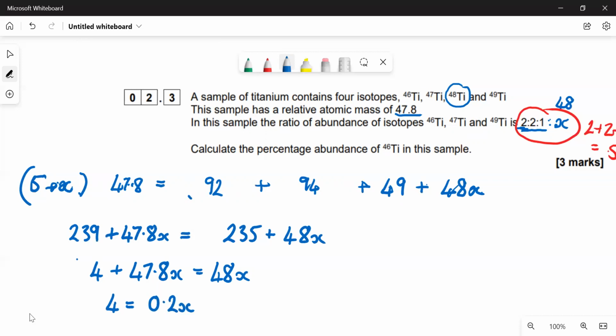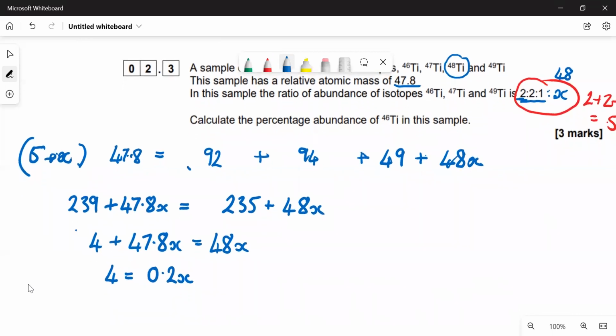Divide both sides of the equation by 0.2, we get x is equal to 4 over 0.2, which is equal to 20. So the abundance of the 48 is 20. It's a lot more abundant than the other two, which makes sense, okay? Because the average value is very close to 48. The abundance of the 48 isotope is equal to 20.